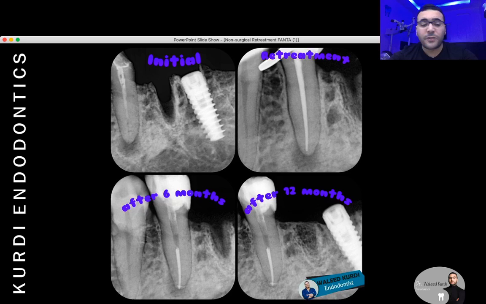I didn't have a lateral canal, I didn't have any ramification, but I made a good shaping, a good irrigation, a good cleaning, and then you can see in the 1 year follow-up everything disappeared and everything's fine.